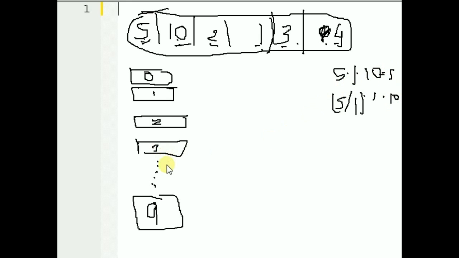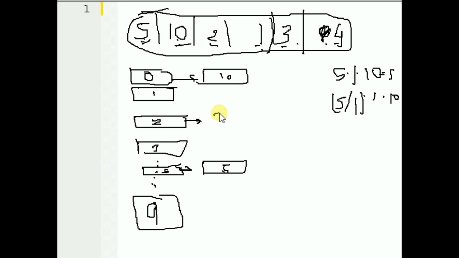So at the fifth position here, 5 would get added. Then 10 mod 10 is 0, so 10 would come here. Then 2 mod 10 is 2, so 2 would come here. Same with 1, 3 and 4.